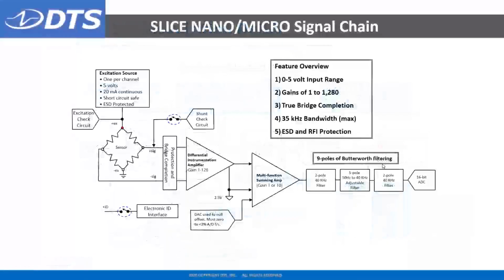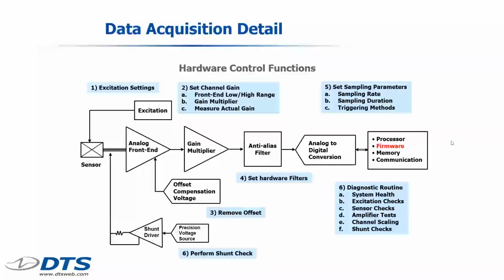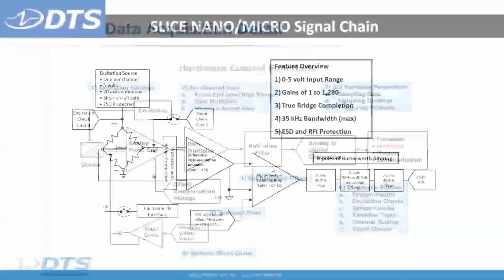And finally, a diagnostic routine that manages the signal chain, commits data to memory, and allows us to communicate with the outside world. So we're going to go into some of the elements like filtering and shunt checks in greater detail in session 2.